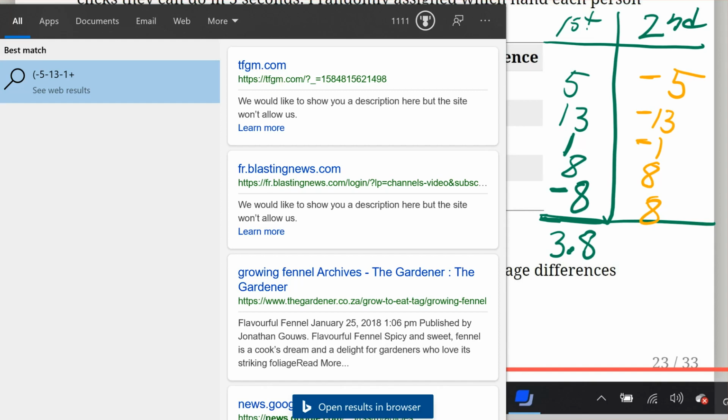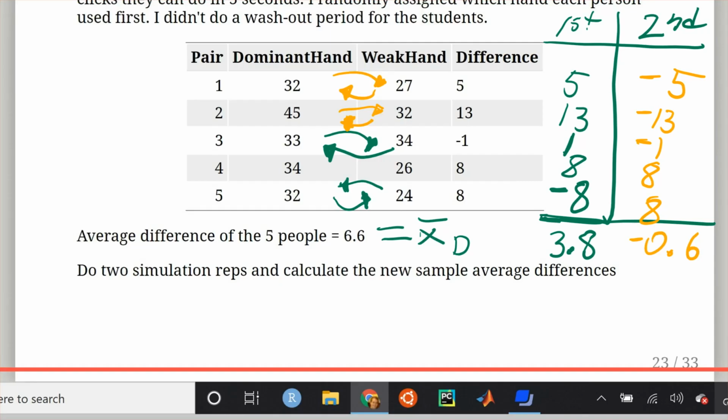I'm going to divide that sum by 5, and that's going to be negative 0.6. So this new sample statistic, I'll mark that with x bar d star star. 2 stars means the second simulation. It's negative 0.6.